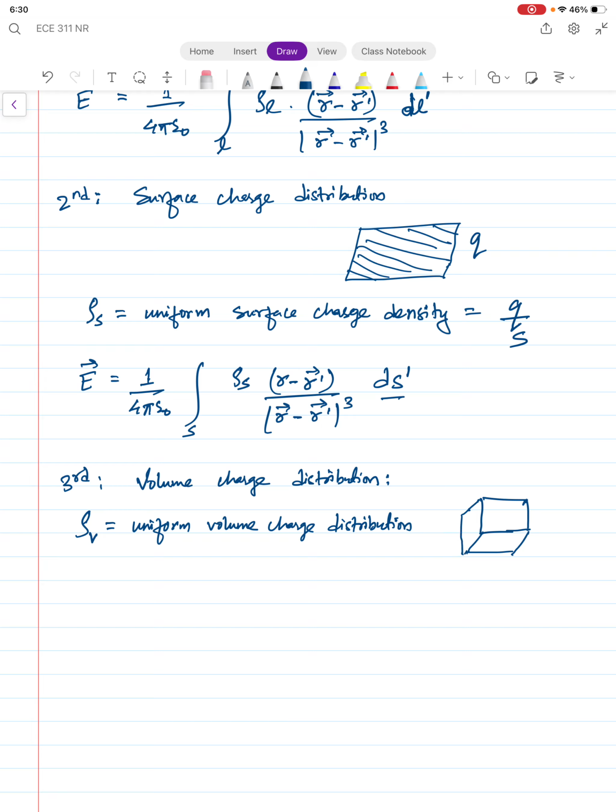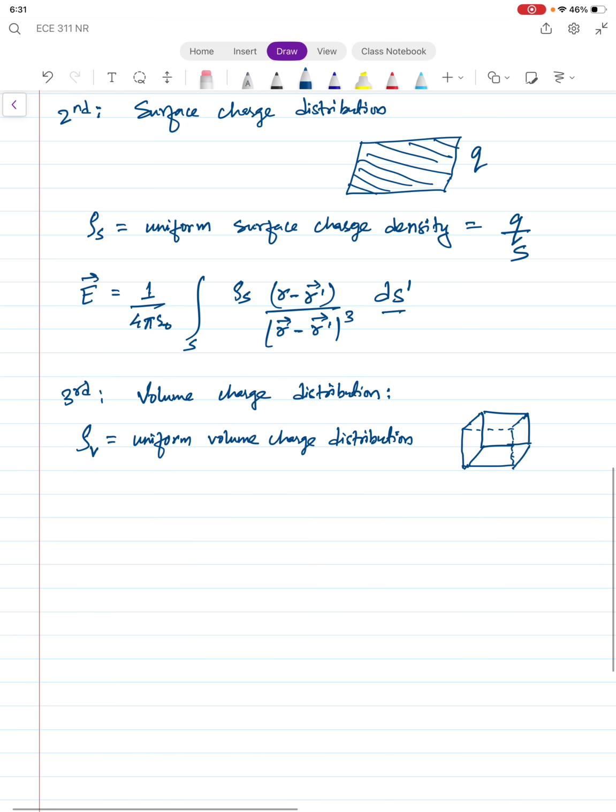Okay, so there is our volume. The total amount of charge distributed over the volume is Q. The volume of the object is V. So rho sub v will be total charge divided by the volume of the object.